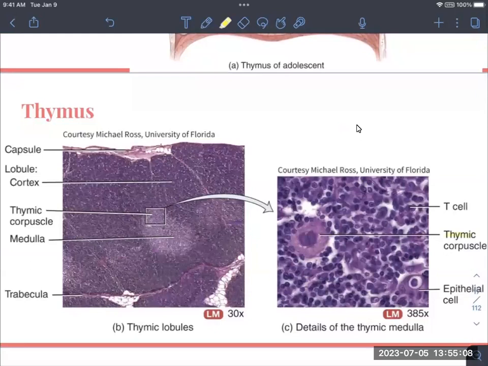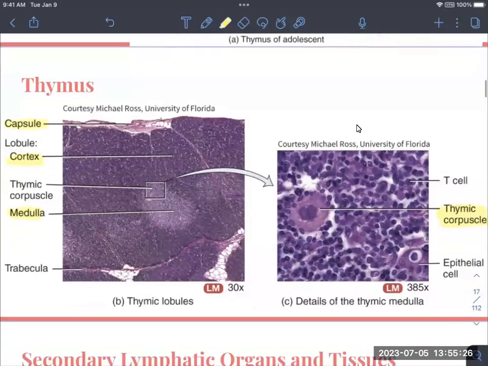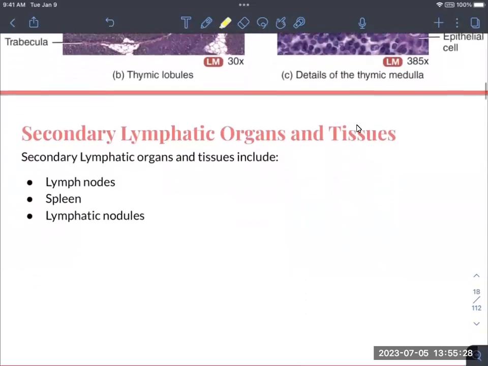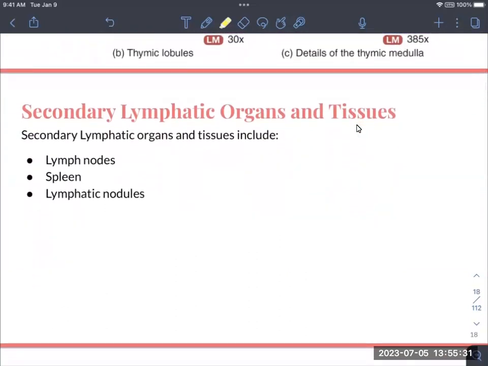Here's a thymic corpuscle where T cells would go to die. We have that medulla, that cortex. We even can see some of that capsule on this view. So some of our secondary lymphatic organs, those lymph nodes, the spleen, and then those lymphatic nodules.